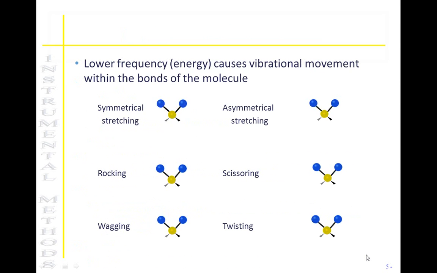As you can see by this slide, the lower frequency energy that the source is going to provide in an FTIR is going to cause different types of vibrational movement with the bonds of the molecule itself. Since the IR energy is a lot lower energy, those electrons don't move to a different orbit. They just have different vibrational movements.